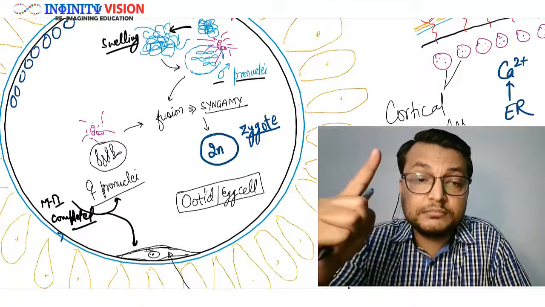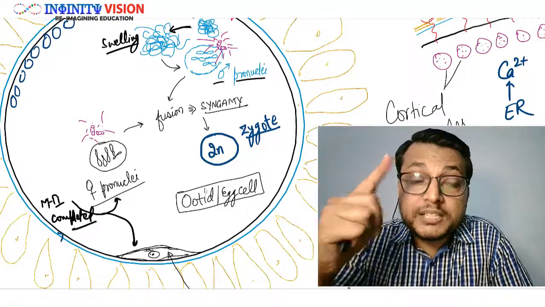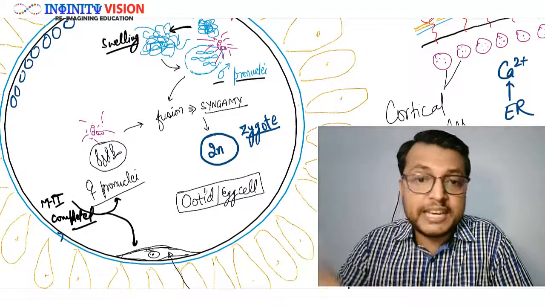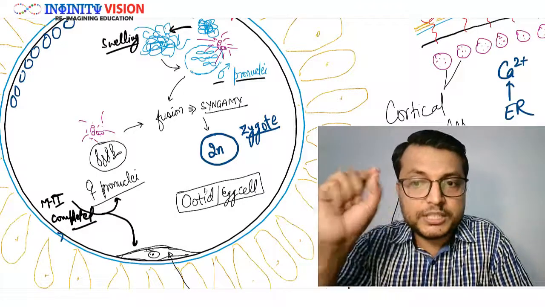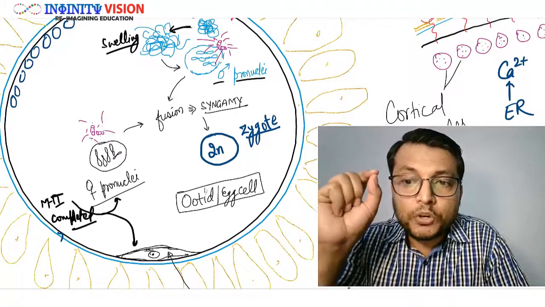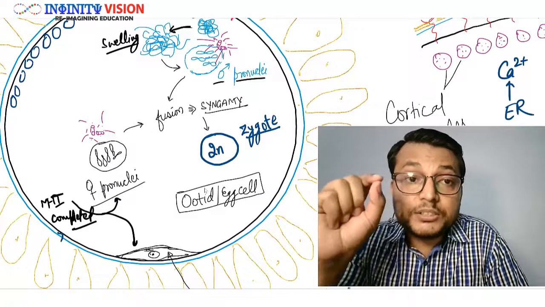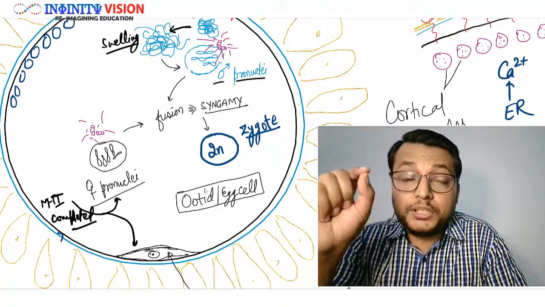Remember. Secondly, this meiosis 2 is completed after fertilization, when the sperm has entered into the secondary oocyte. This is important, please remember, okay? Meiosis 2 of the female gametogenesis finishes or occurs after fertilization. It is post fertilization, okay?